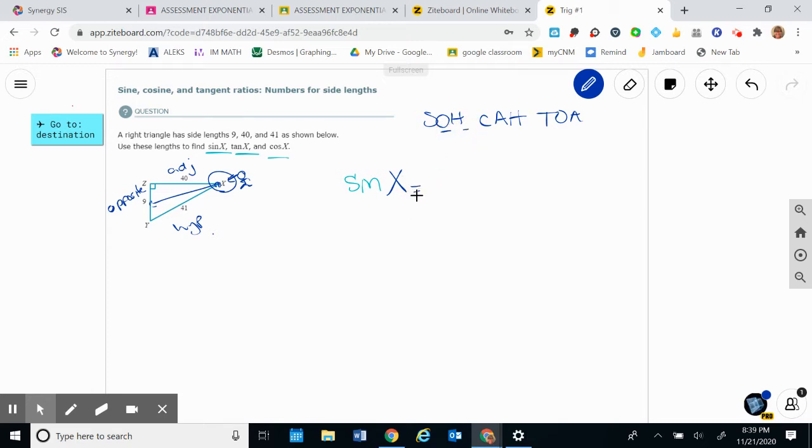Sine is equal to opposite over hypotenuse, 9 over 41. Cosine of x is equal to adjacent over hypotenuse. Adjacent is 40, so it's 40 over 41. And tangent is equal to opposite over adjacent. Opposite is 9, adjacent is 40.